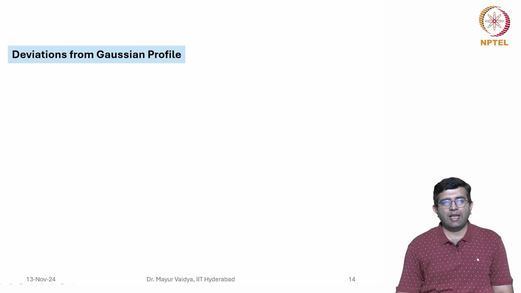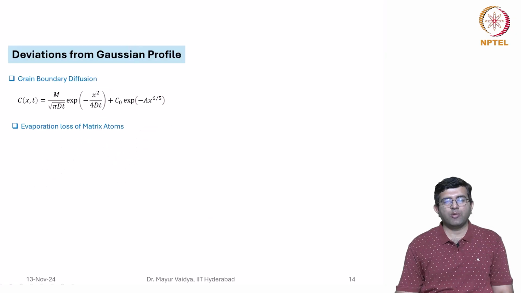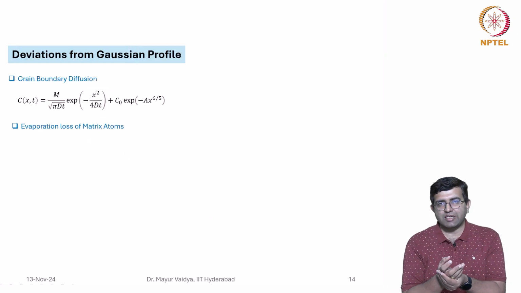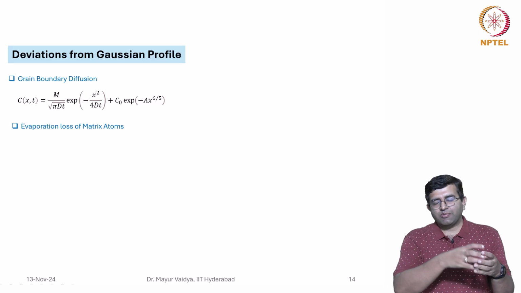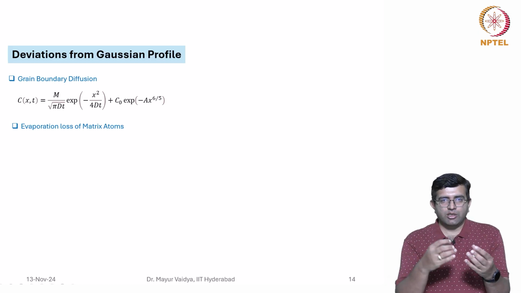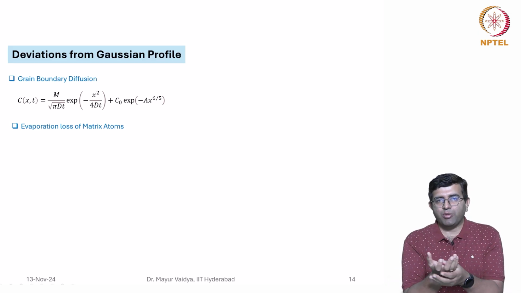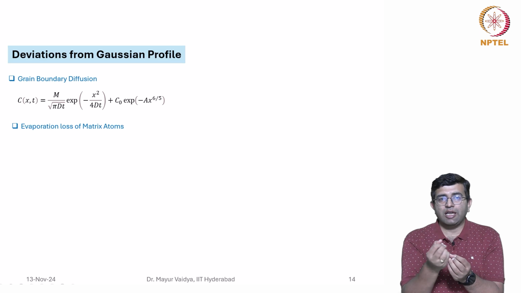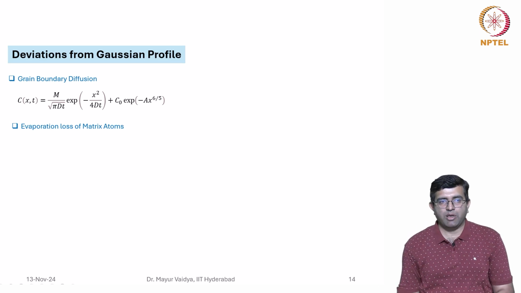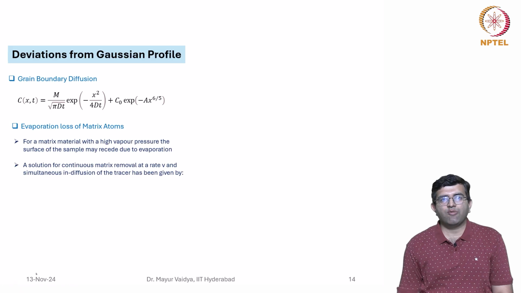The next one that we come to is the evaporation loss of the matrix atoms. When you are annealing, if your sample has a high vapor pressure, then it can evaporate during the diffusion experiments. You may have this case with zinc or tin and so on.